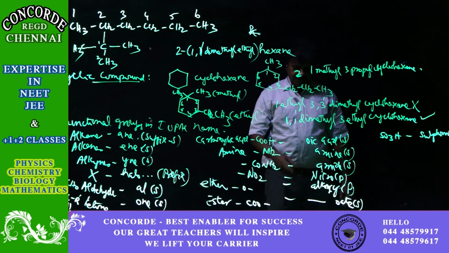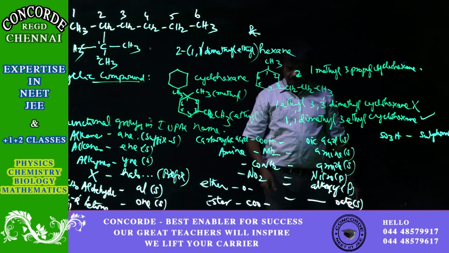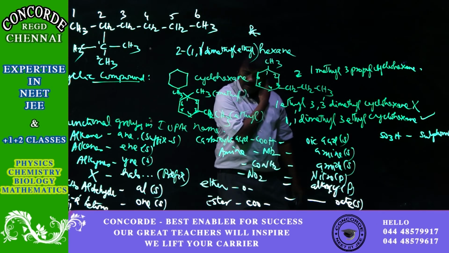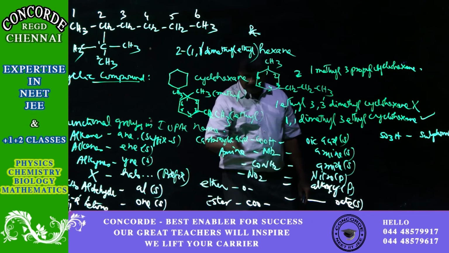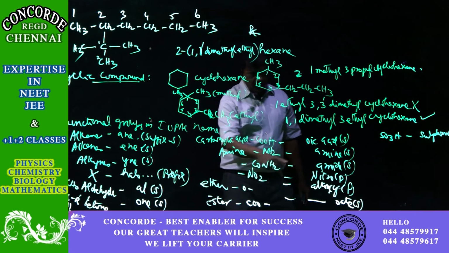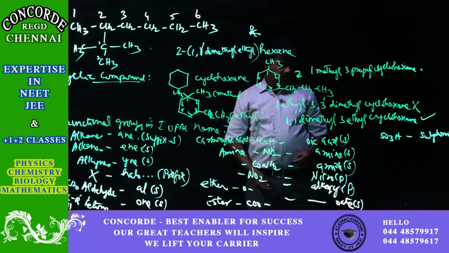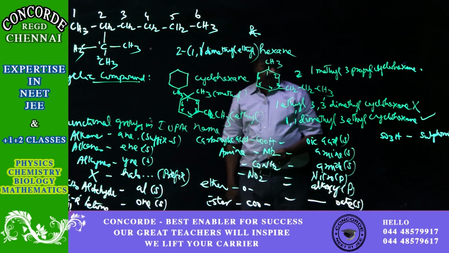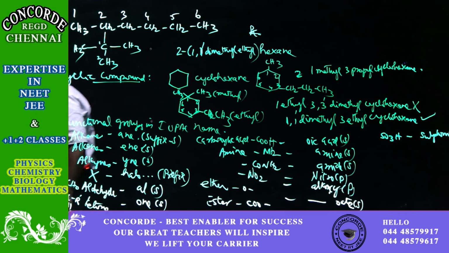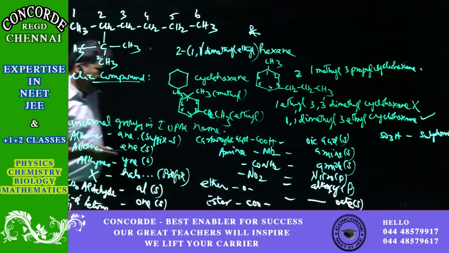Then what else is left? Almost all the groups we have named. Nitro, amide also, CONH2 is an amide. Nitro group, alkoxy, SO3H. So these are the ways in which the IUPAC names are given for the functional groups.